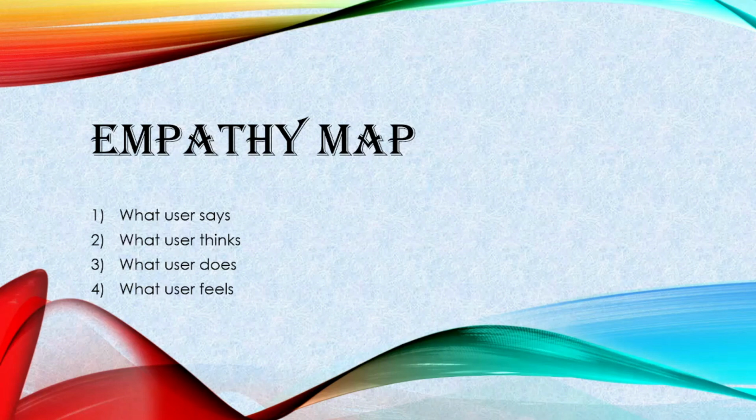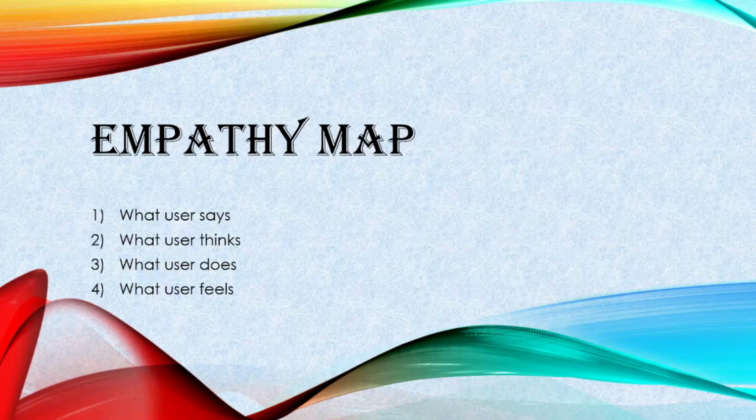The chart should contain what the user says, what the user thinks, what the user does, and how the user feels, right?